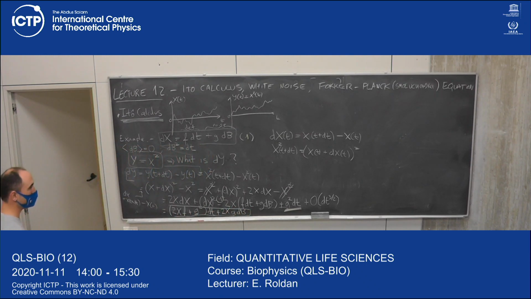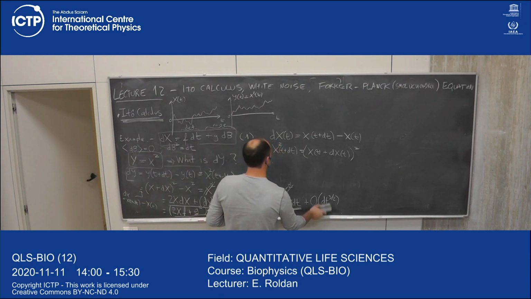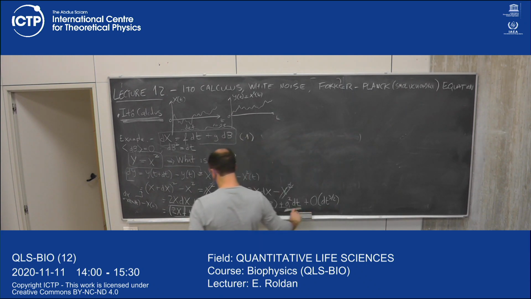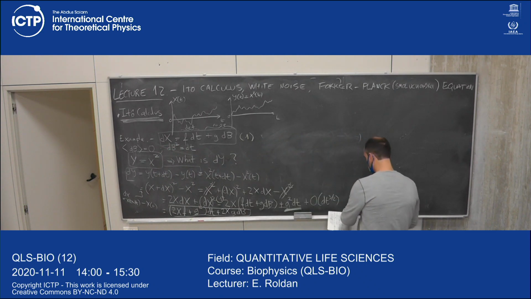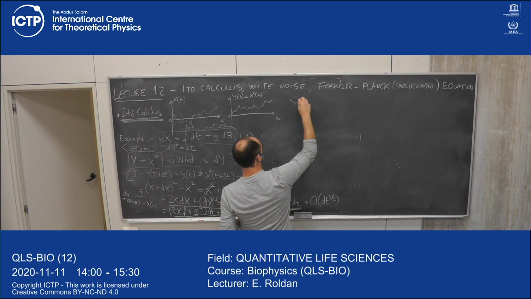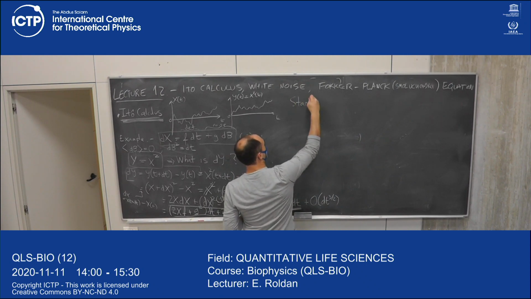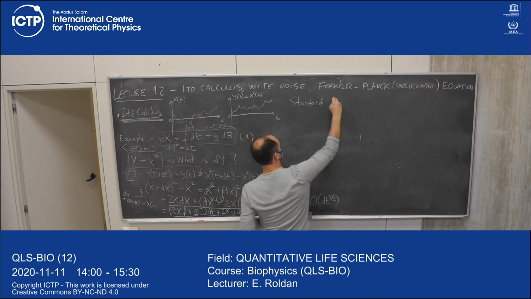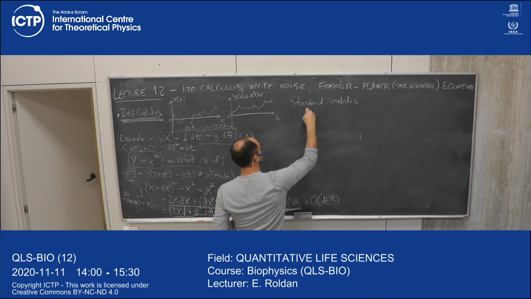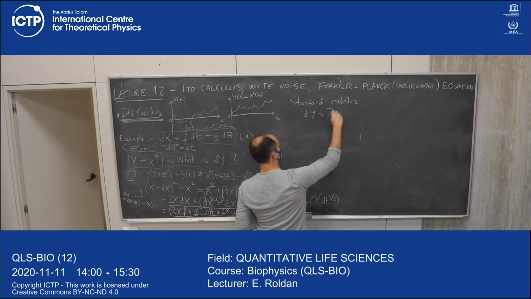This should be very important for you to notice, because here we don't use standard calculus. We are using another rule of calculus. In standard calculus, we would have done dy is 2x dx.